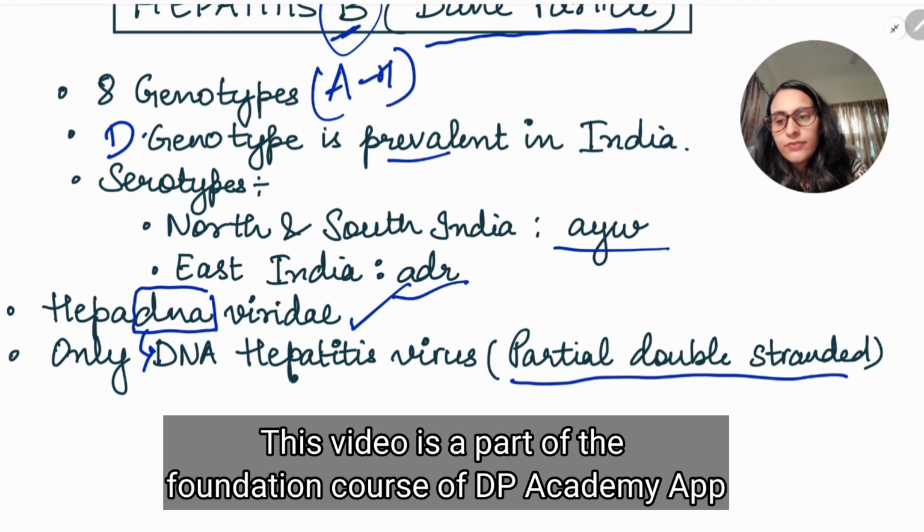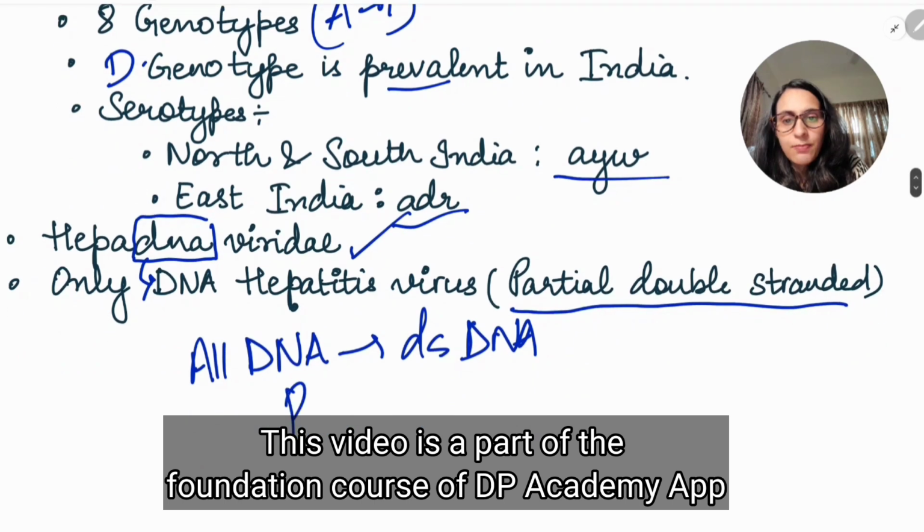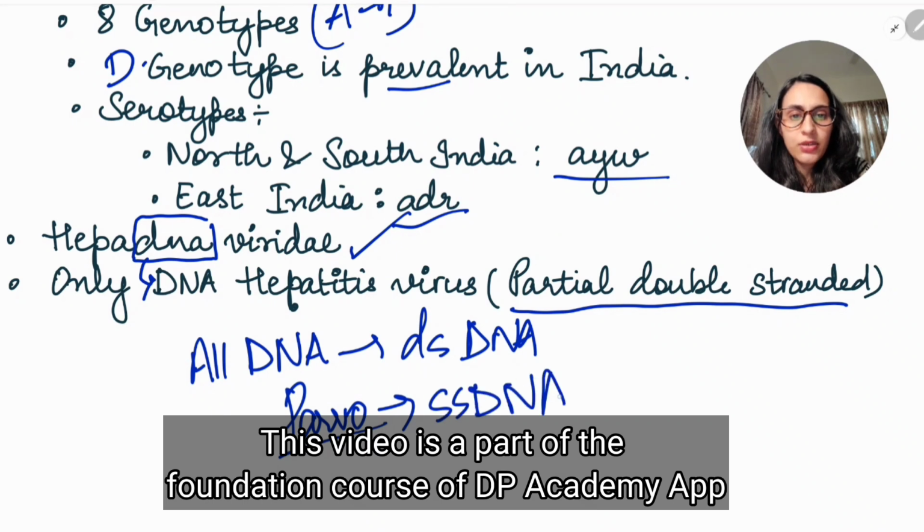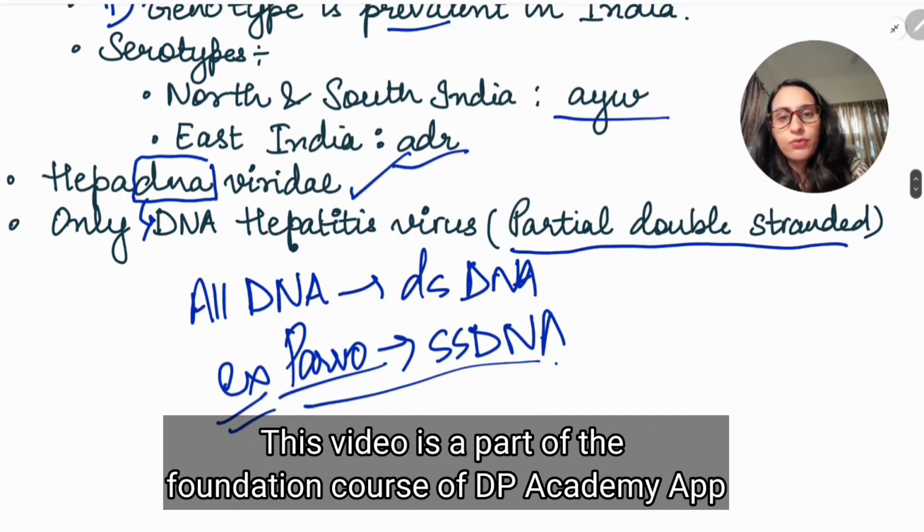If you remember what we have studied, all the DNA viruses have double-stranded DNA, with one exception. What is the exception? It is the parvovirus. Parvo, if you remember, is Paro from the Devdas movie, she remains single, so it has single-stranded DNA. One more exception that we are going to talk about right now is hepatitis B.